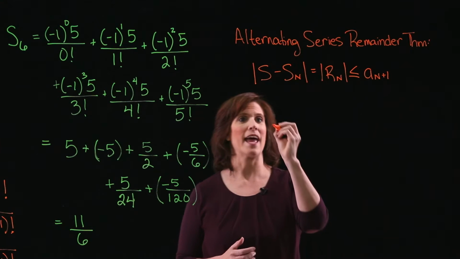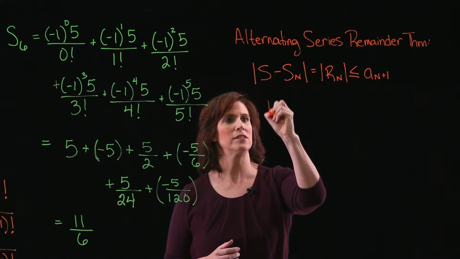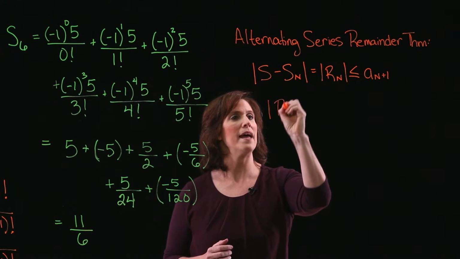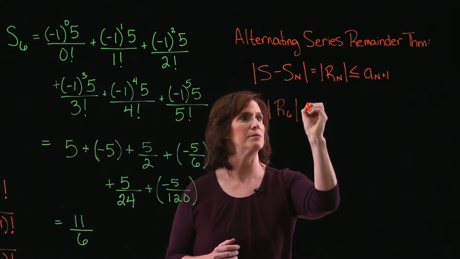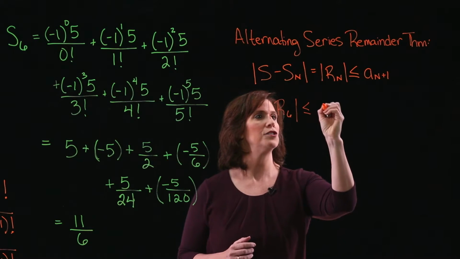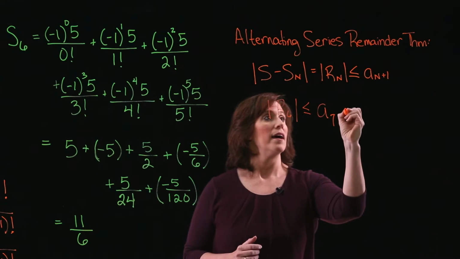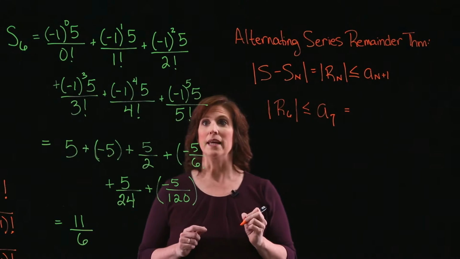In this particular case, we were using 6 terms. So the remainder, after using 6 terms, is going to be less than or equal to the 7th term in my series. Now, what would that 7th term be?